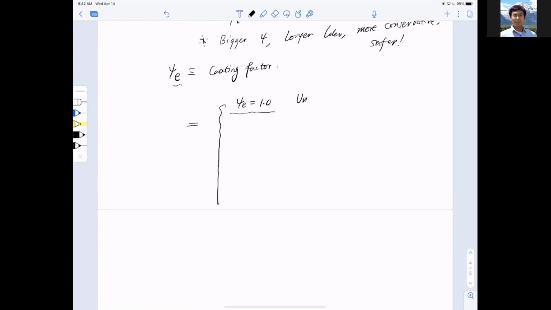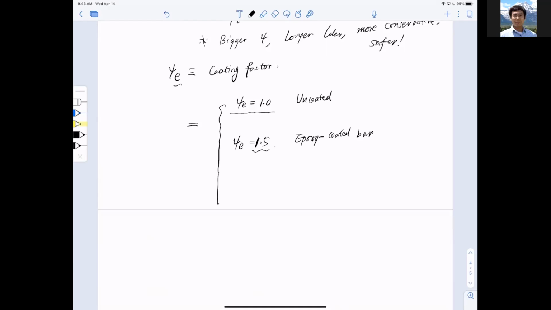For uncoated bars, psi e is 1.0, meaning it's just the regular length. But for epoxy-coated bars, because of the reduced bonding, the smooth surface and weak bond, we have a longer development length, which means 1.5. That is quite big, 50% longer.